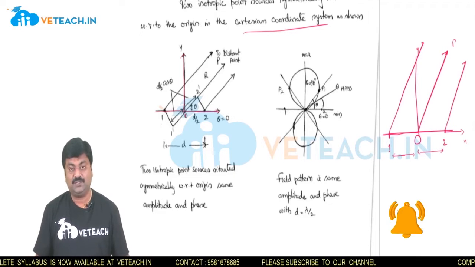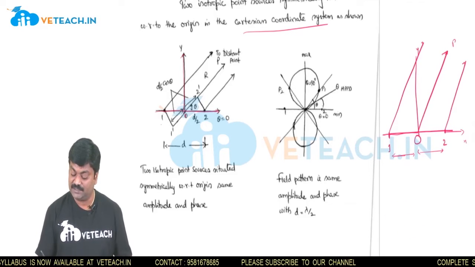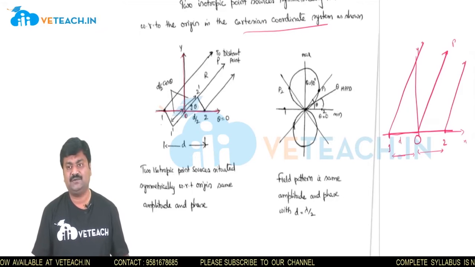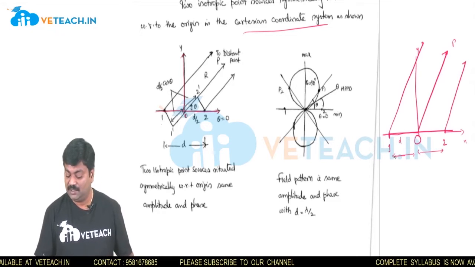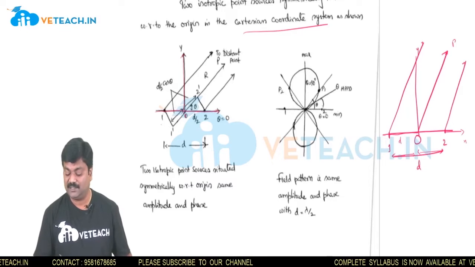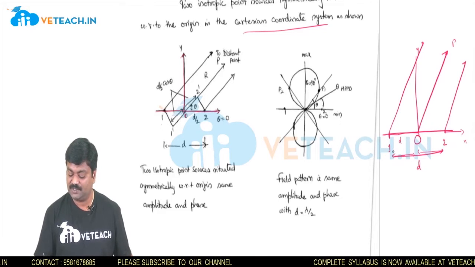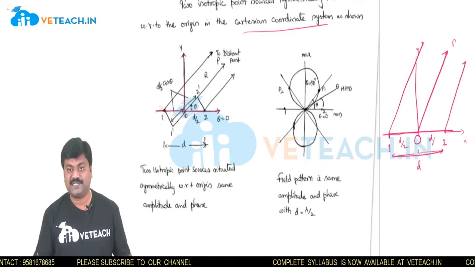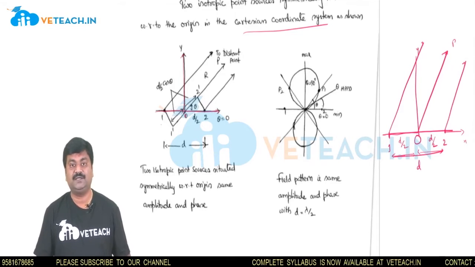Now in order to study the variation, first we need to calculate the distance. Let me say that the isotropic sources are always at a distance d apart. Then what will be the distance from the origin to the first source? It will be d by 2, and to the second source from the origin it will also be d by 2.